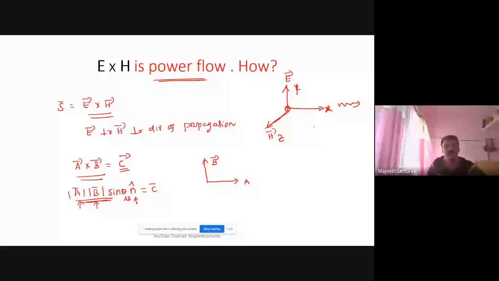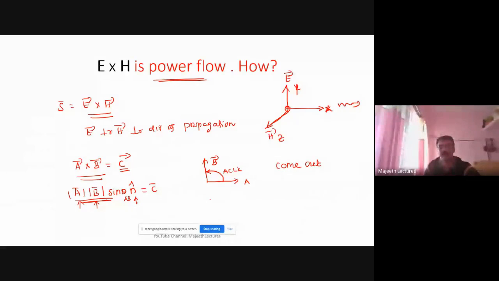Here we have to take A cross B. So assume that we have to go from A to B. When you go from A to B, we are going in the anti-clockwise direction. When you rotate anything in anti-clockwise direction, what will happen? It will come out.